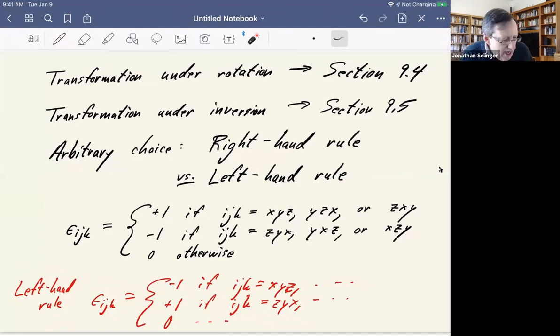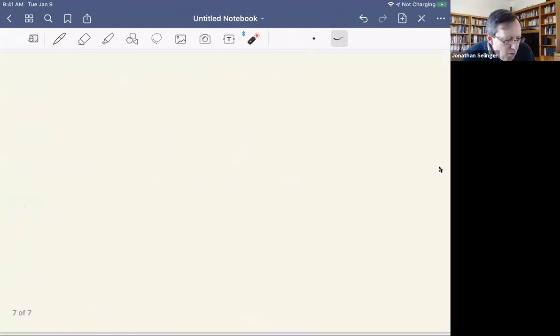So how do we avoid the arbitrariness when we choose sign?